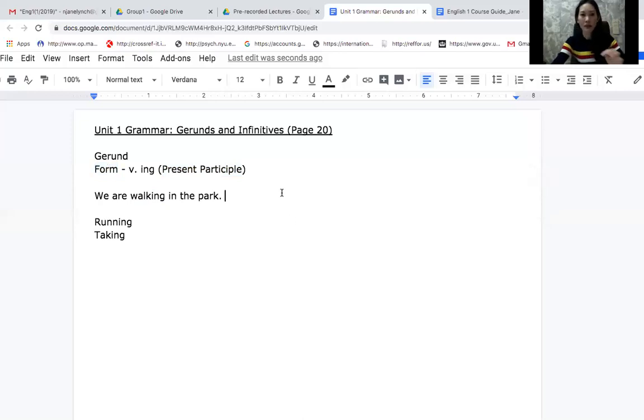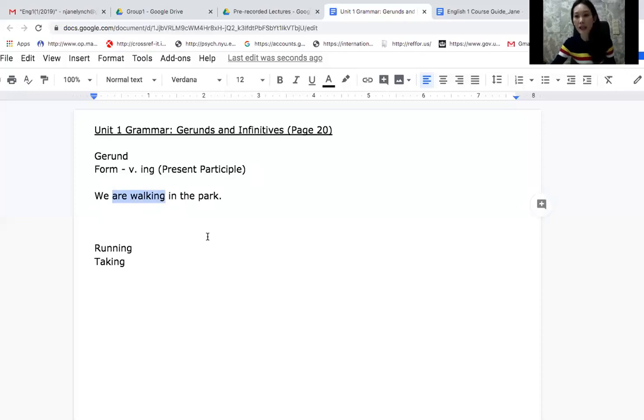Tense, when I say tense, is verb tense. There are many tenses in English, right? There are like 12 main tenses in English. So if you ask what is the verb of this sentence, you have to say "are walking."